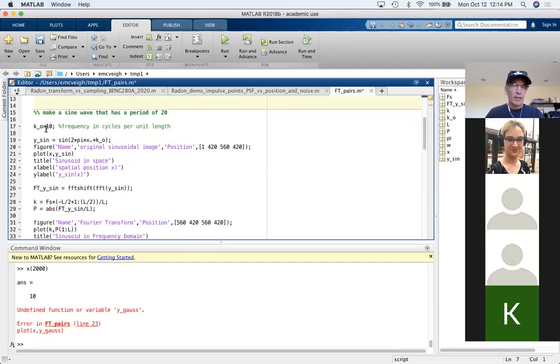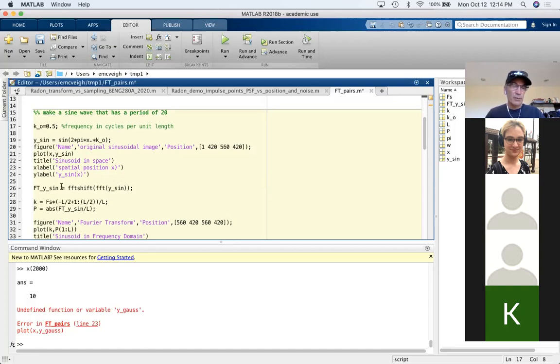So if we make a sine wave, let's try 0.5. We'll do half of a cycle for each unit across the 20 centimeters, and we'll make that our sine function.